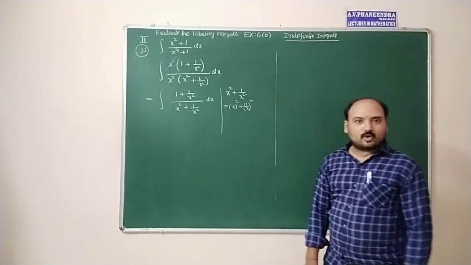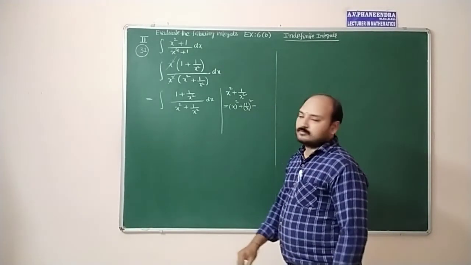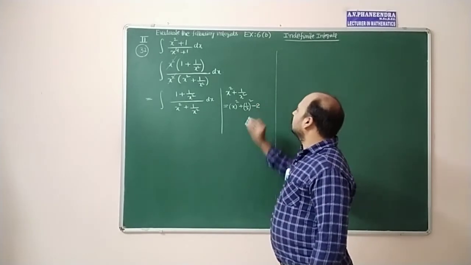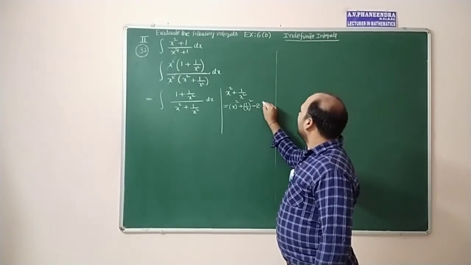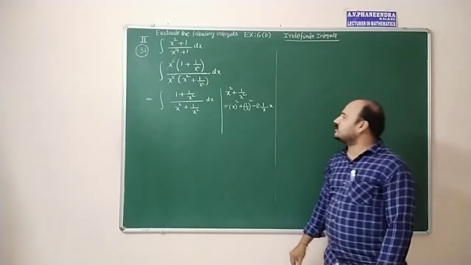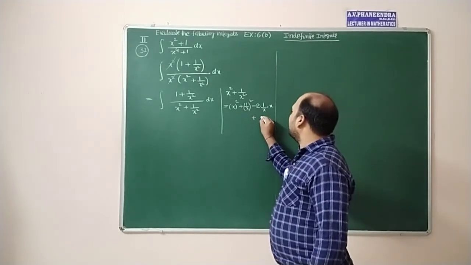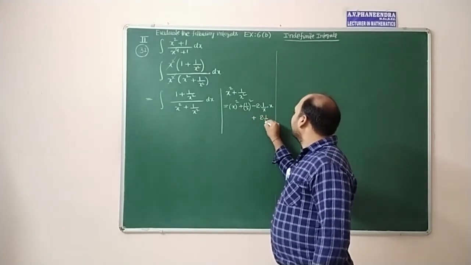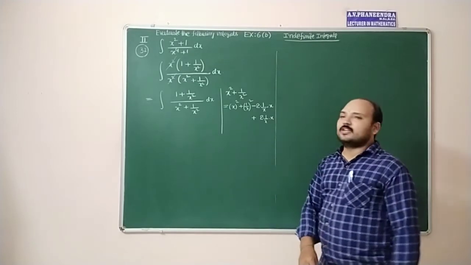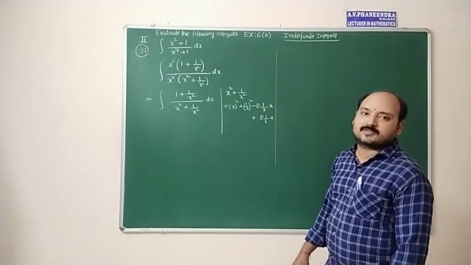After that, what we are doing is adding and subtracting 2: minus 2 into 1/x into x, plus 2 into 1/x into x.